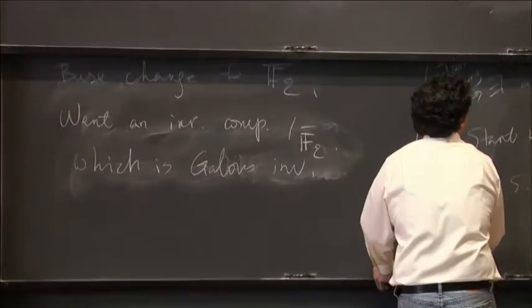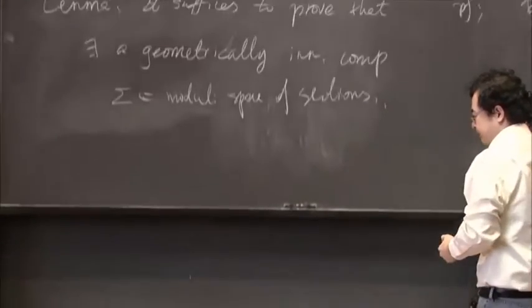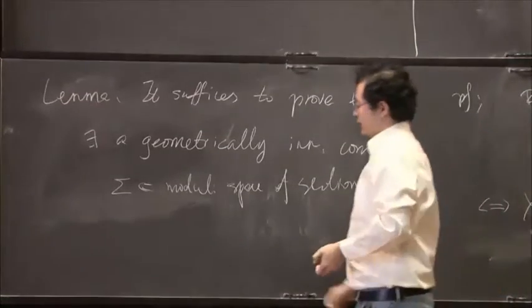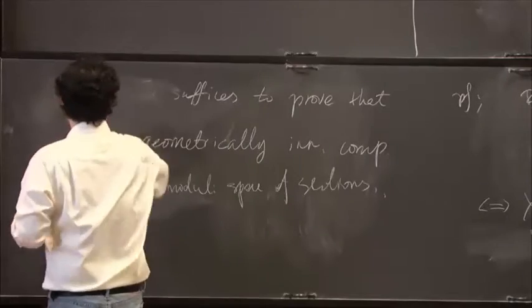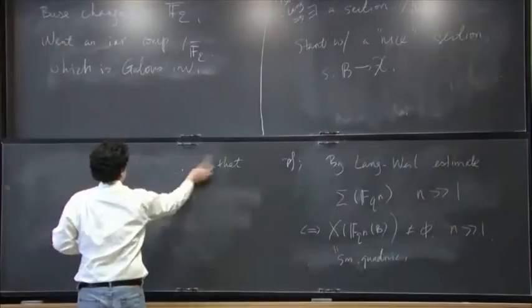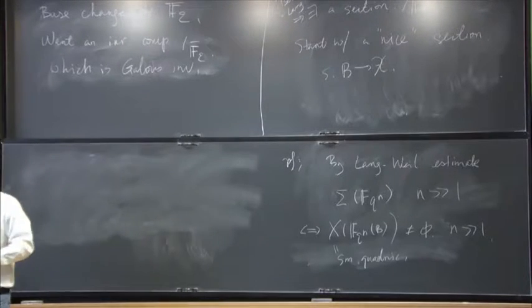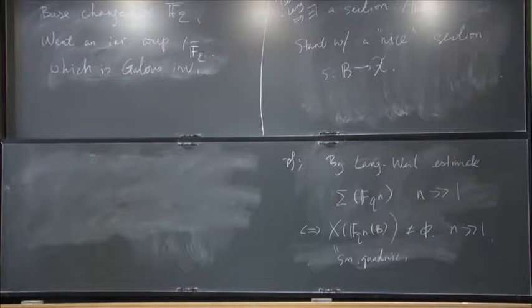Okay, so this is the main construction. So far, I don't need that. But the section is supposed to hit only smooth points in the fibers everywhere. You want that, but you have to prove that you can find it.